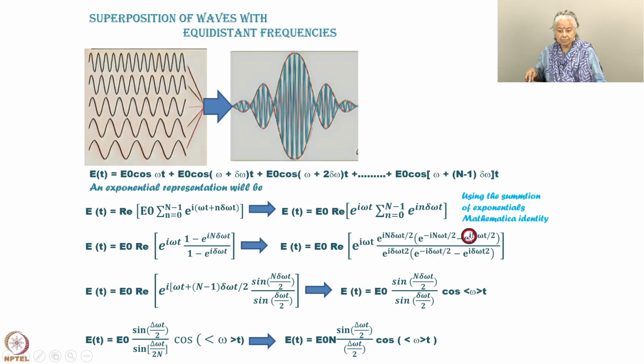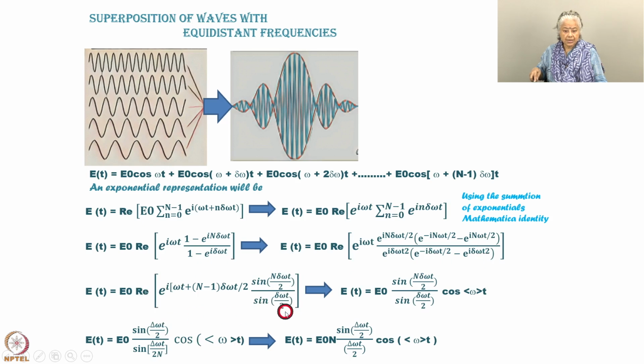So, this is some algebraic stuff that I have done here, and you have to look into it carefully. I have taken out common e to the power i N delta omega t by 2. So, here also I get divide by 2 the exponentials, and so this is my final form of this wave equation.